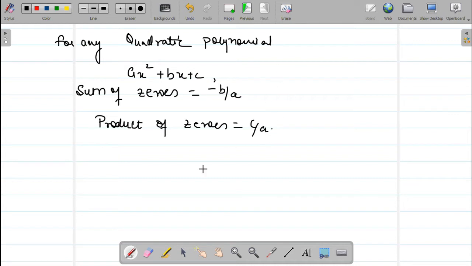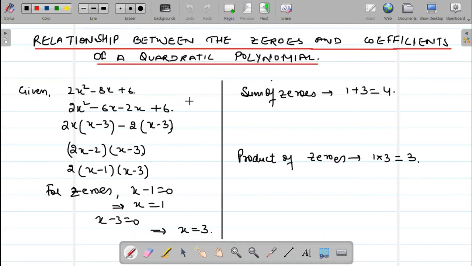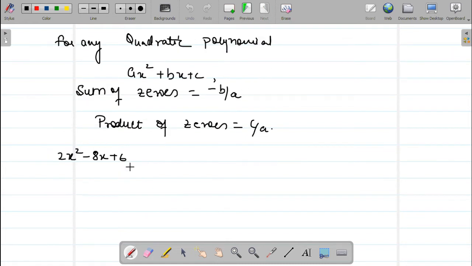So now if I go back to the previous example, my polynomial was 2x square minus 8x plus 6. Right, let me check it once again. 2x square minus 8x plus 6, and my zeros came out to be 1 and 3.